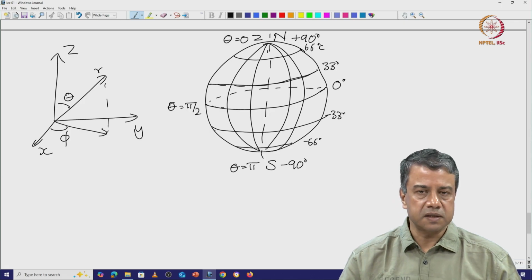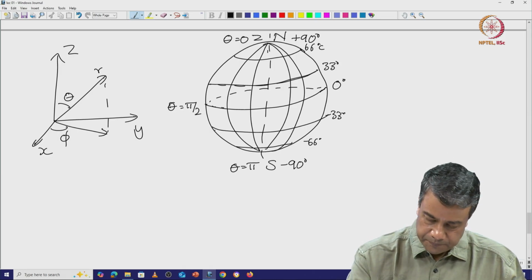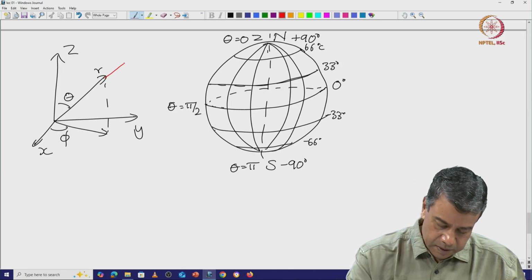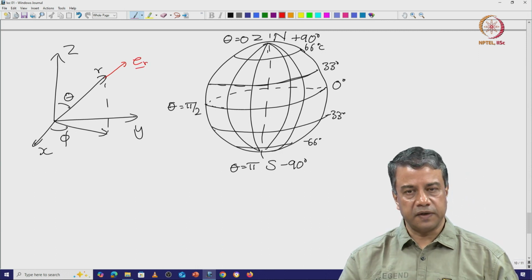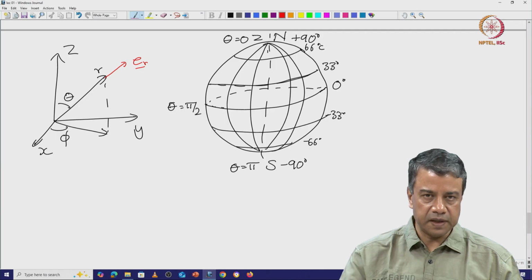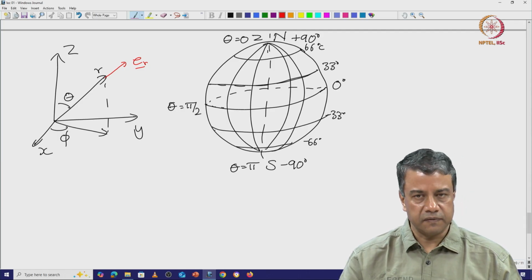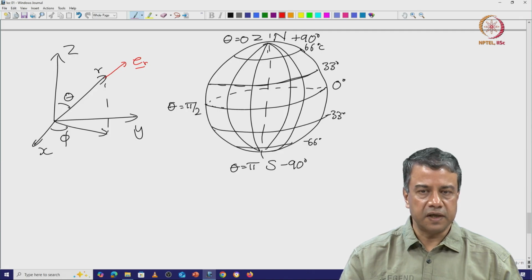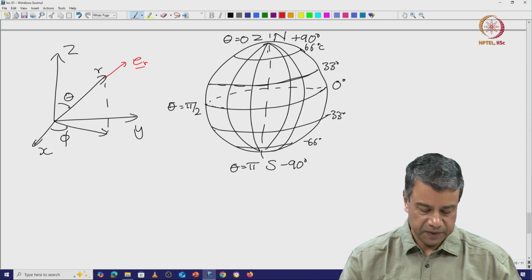In this coordinate system, the unit vectors are different. The unit vector Er is along the direction of variation of r, because as you vary the distance from the surface, the radial coordinate varies. Therefore, the variation of the radial coordinate is along the direction of the unit vector in that direction.